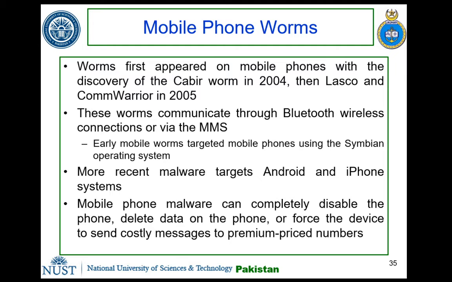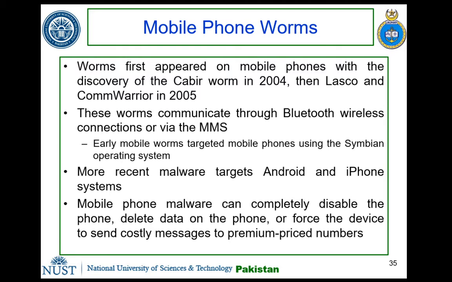Next is the mobile phone worms. Worms first appeared on mobile phones with the discovery of the Cabir worm in 2004, then Lasco and CommWarrior in 2005. These worms communicate through Bluetooth wireless connections or via MMS.